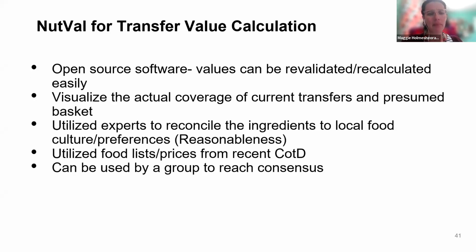And for me, the really important part of this process of using an open source tool and working together off of a list of sentinel foods is that it's a consensus building tool. I can sit alone at my desk and make a basket, but when you need to make a basket together as a group, it really matters when you can look at the software and see the vitamin C or the vitamin A content shifting with the foods that you're adding to the basket.